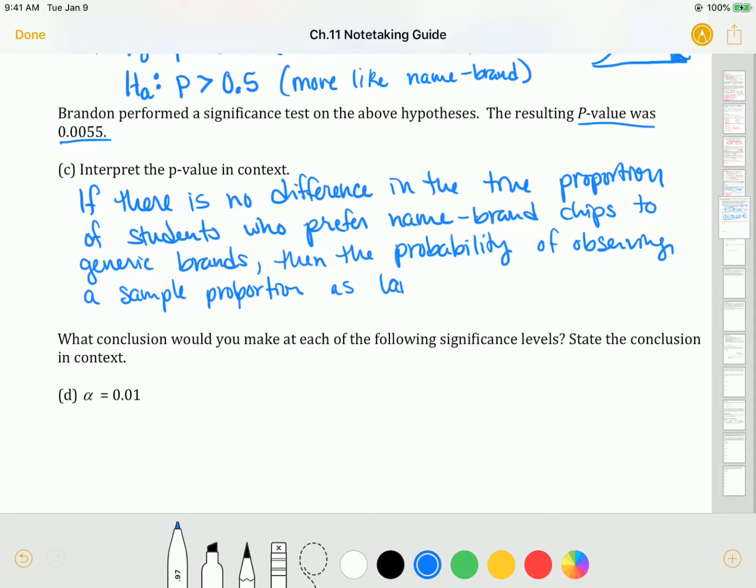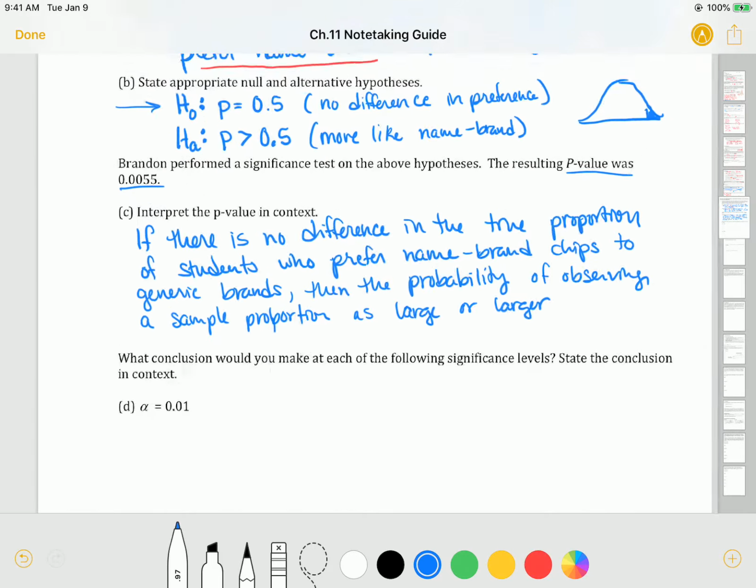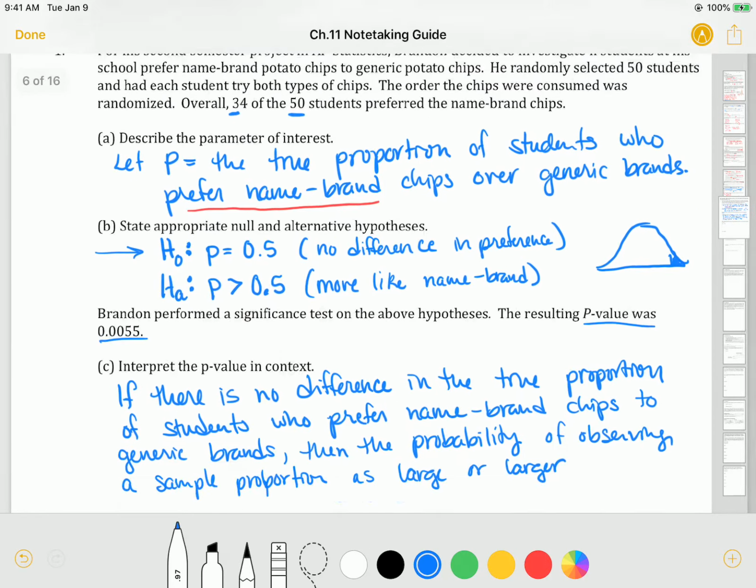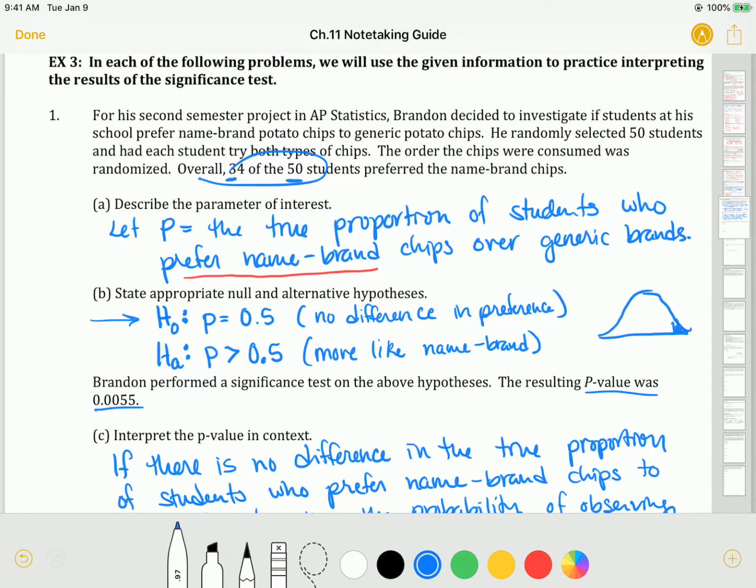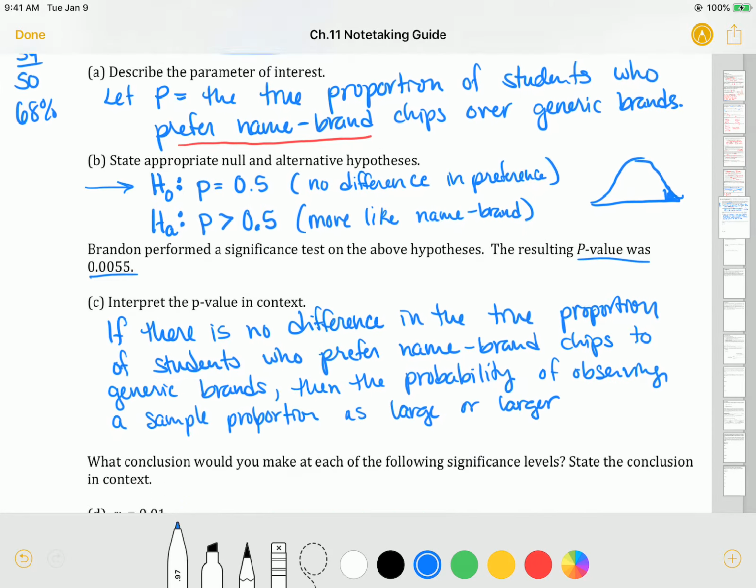as large or larger. Now let's go up and look at our sample statistic here. So what he observed is that 34 out of 50 students preferred name brand. So that means that's 68%. Okay?